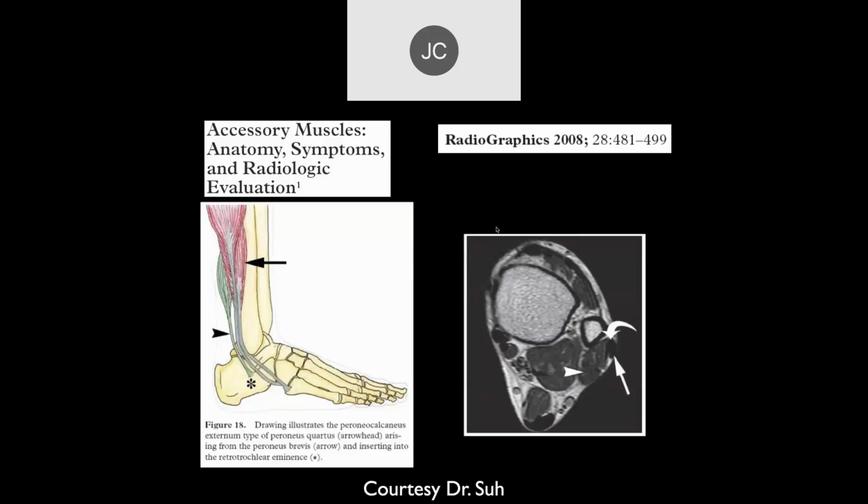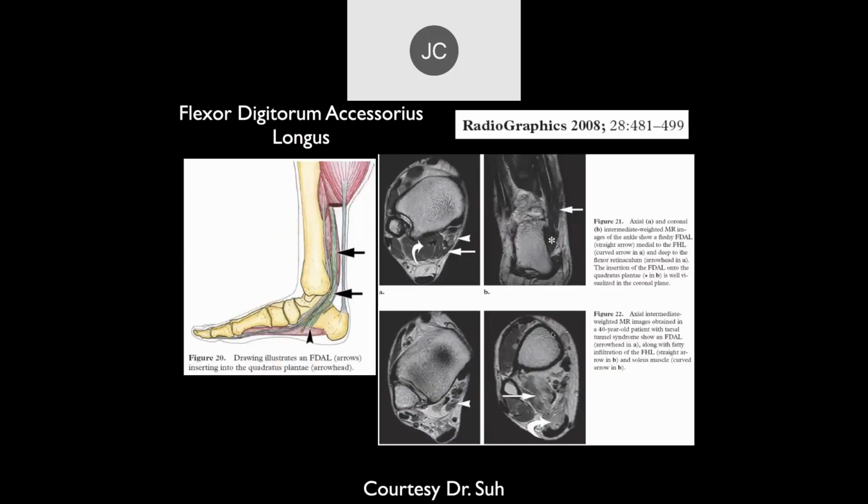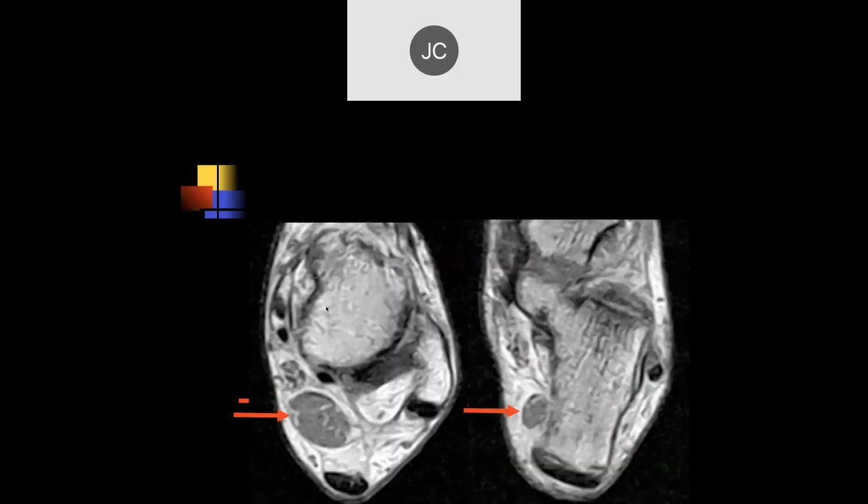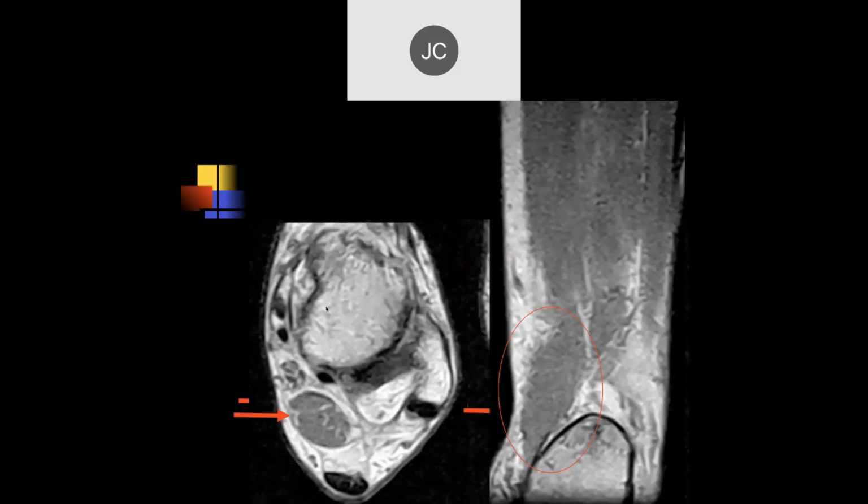So here's an article in Radiographics that goes through a lot of the different variations in anatomy. Here's the peroneus quartus coming down through here, and here's the flexor digitorum accessorius longus. So if you see something that you think is an anomaly and you're worried about it, there are places to look it up.